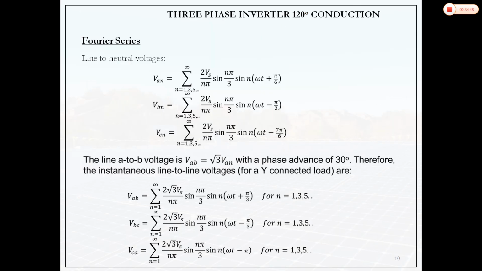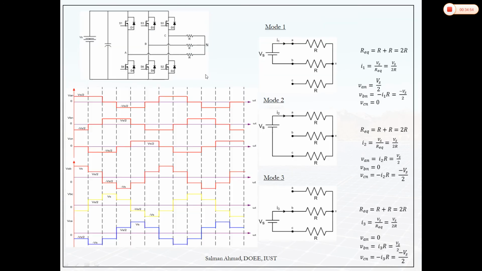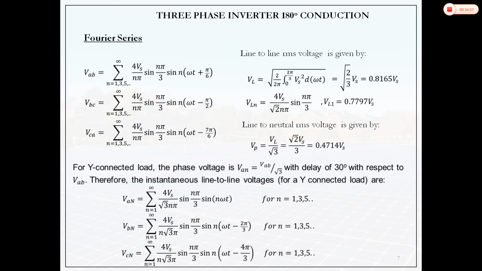So the phase voltage, the line to neutral voltage, we can write directly. The line voltage was 4 Vs upon n pi sin n pi by 3 sin n omega t plus pi by 6 for 180-degree conduction.